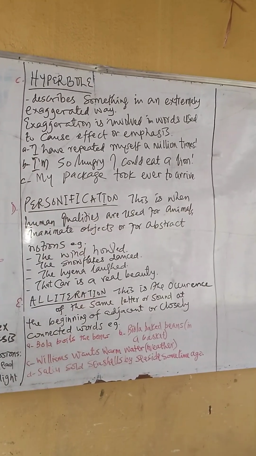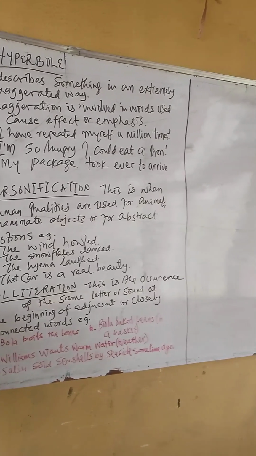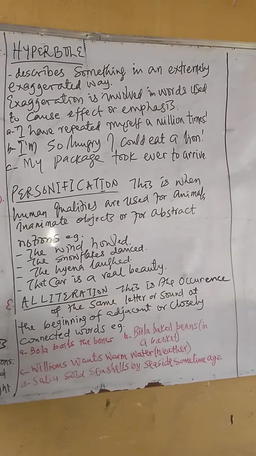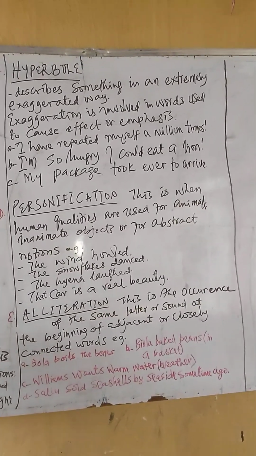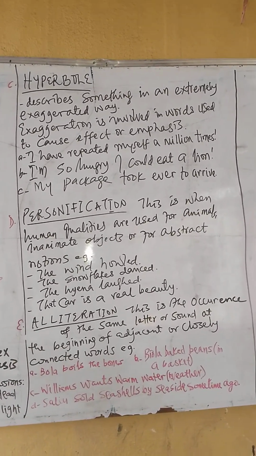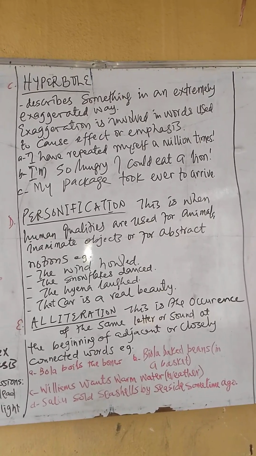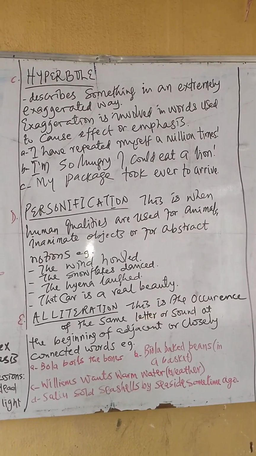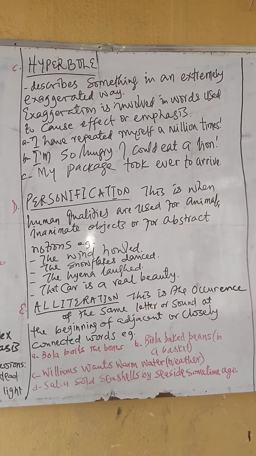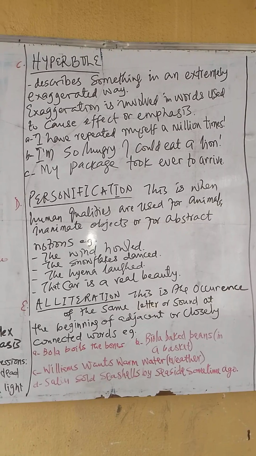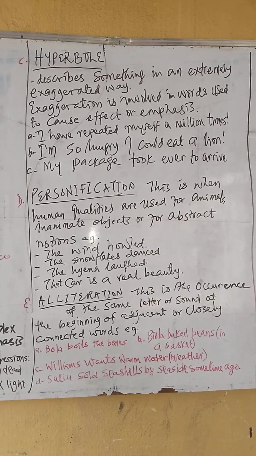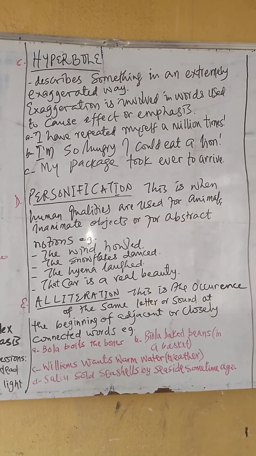Hyperbole describes something in an extremely exaggerated way. So exaggeration is involved in words used to cause effect or emphasis on the mind of the listener or the reader. With hyperbole, you use words to create extreme exaggerations.